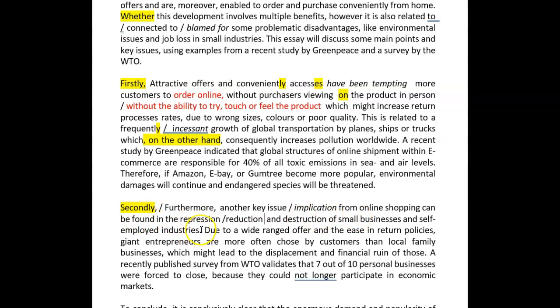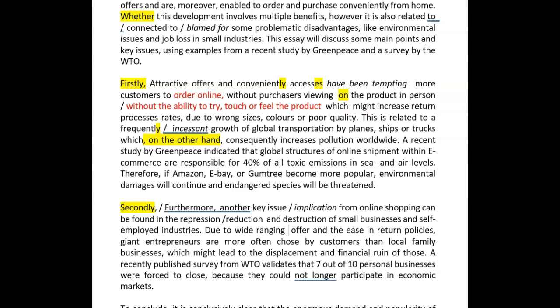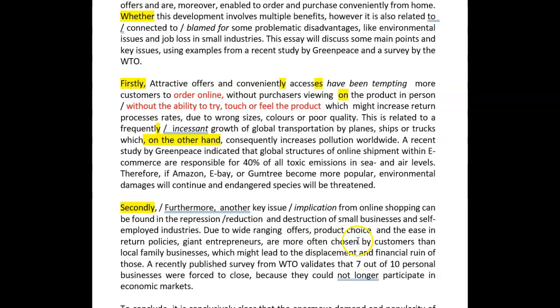Of small businesses and self-employed industries, due to wide-ranging offers, product choice, keep that in there as well, and the ease in return policies. Giant entrepreneurs are more often chosen, passive. Just make sure you've got that passive ending.